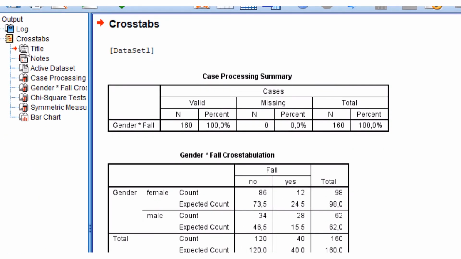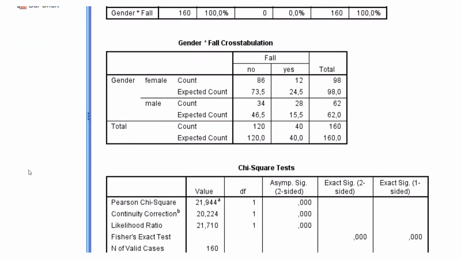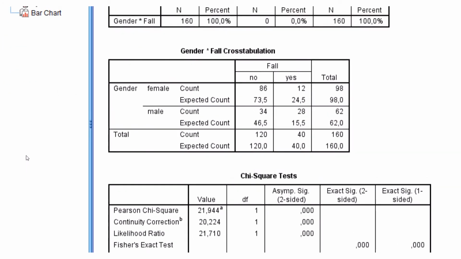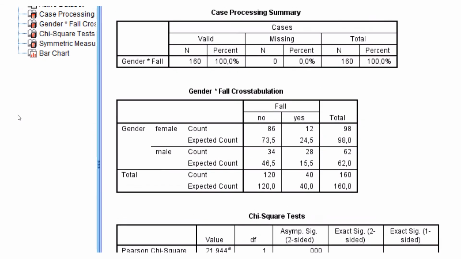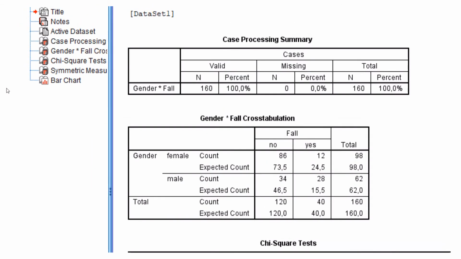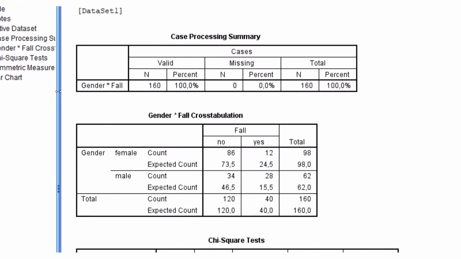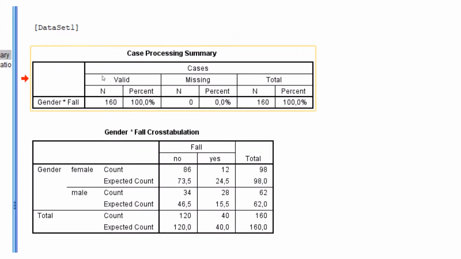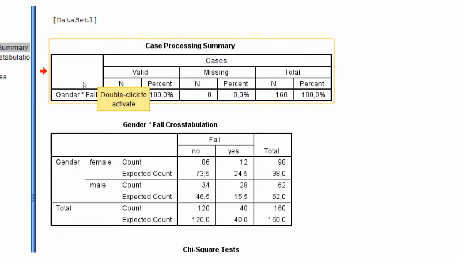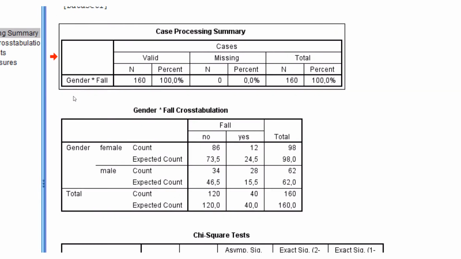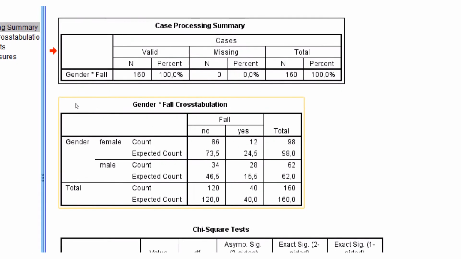So I guess it has already performed the chi-square statistics, and as you can see, there are several results. One thing about SPSS is that it displays a lot of results, but we just have to go straight to what we need. So for instance, this is the case processing summary. It's not really important to us.